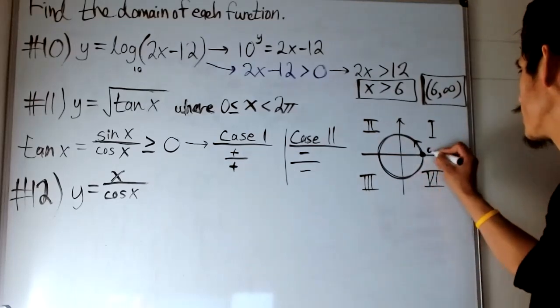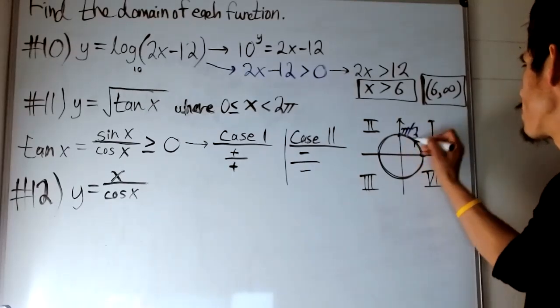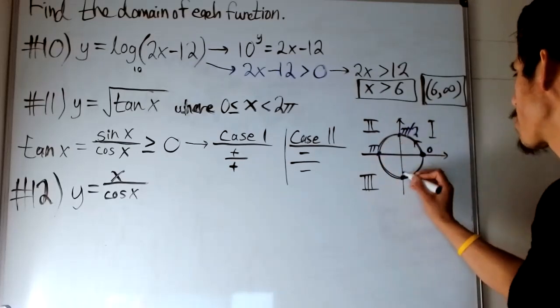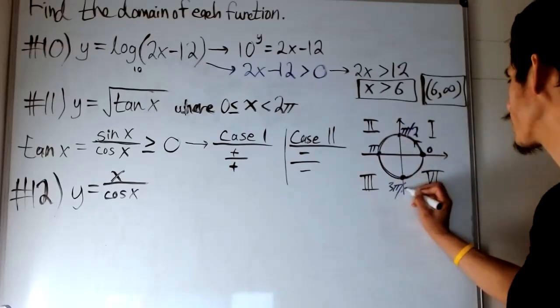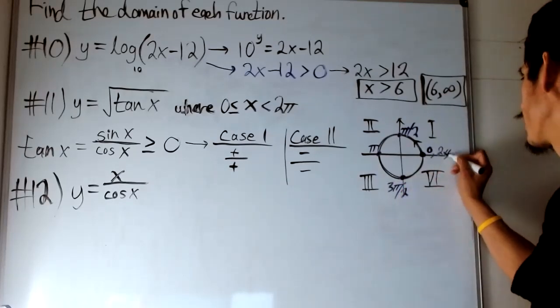And this is where we start at 0, pi over 2, pi, 3 pi over 2, and then we go back to 2 pi over here.